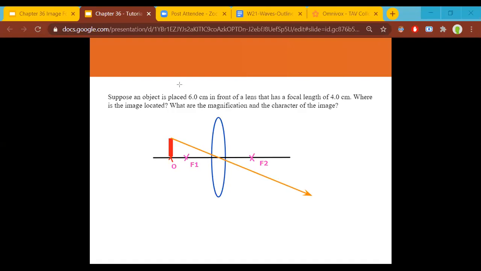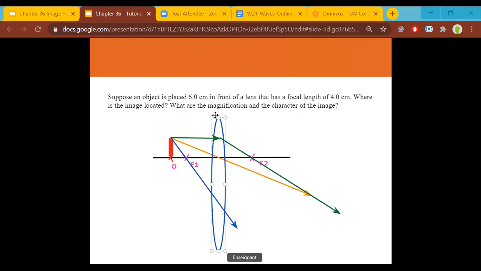Another ray goes parallel and then refracts into the second focal point. And the last ray goes through the first focal point and then refracts parallel. So once again, I made the lens a bit shorter than it should be. There we go.